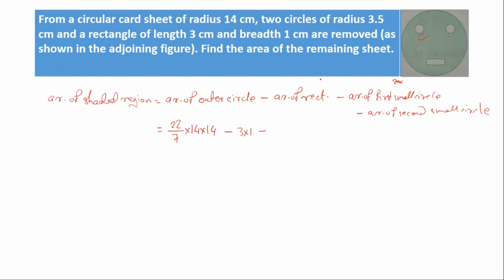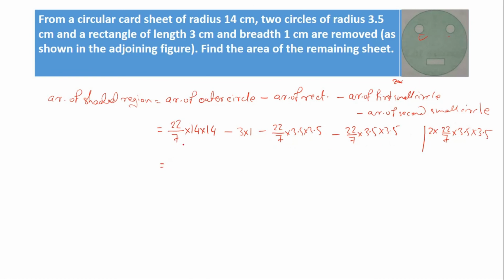Since the radius of both the circles are same, so we can write 22 by 7 into 3.5 into 3.5 minus 22 by 7 into 3.5 into 3.5. Since I have to write it two times, so it will be better to simply write 2 into 22 by 7 into 3.5 into 3.5 in place of this statement.